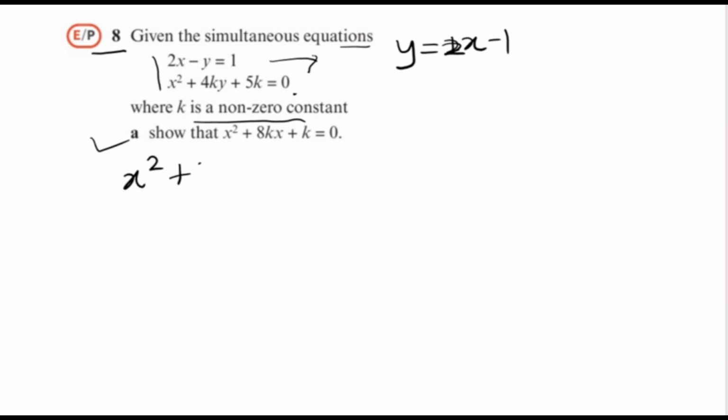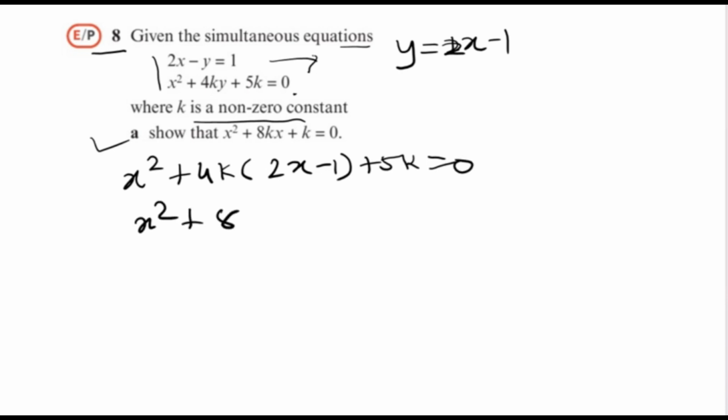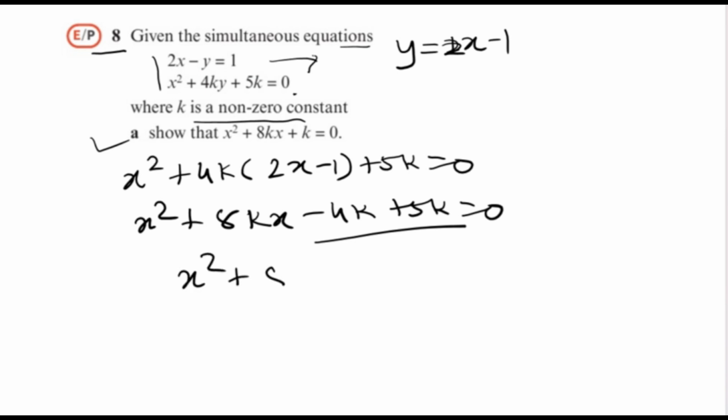So x squared plus 4k into 2x minus 1 plus 5k equal to 0. So x squared plus 8kx minus 4k plus 5k equal to 0. Like terms, x squared plus 8kx plus k equal to 0. That is our required form, that we get.